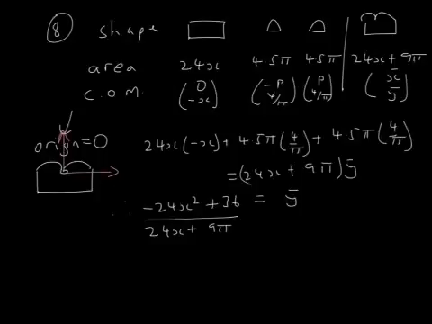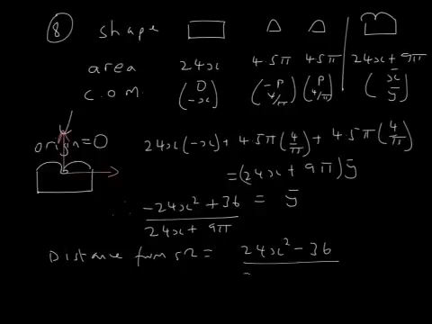So this is now the distance up from the origin, because I took that to be positive. Maybe it wasn't a sensible decision. They want the distance from it downwards, so it's going to be just minus that lot. So therefore the distance from SR is 24x squared minus 36 over 24x plus 9 pi, just minus what we just had.